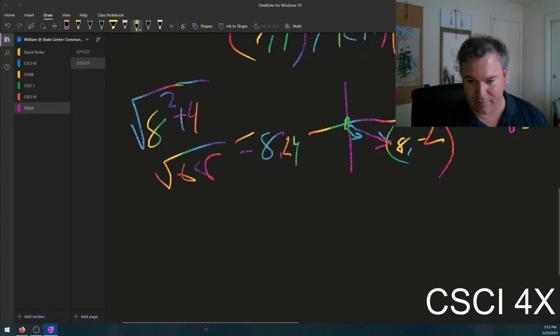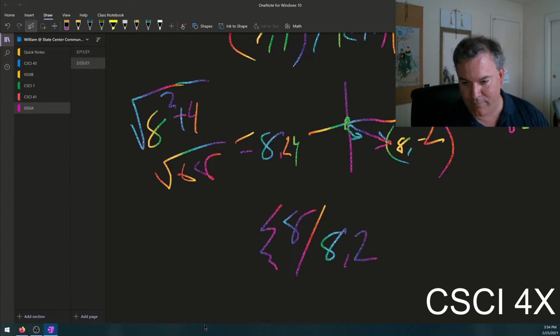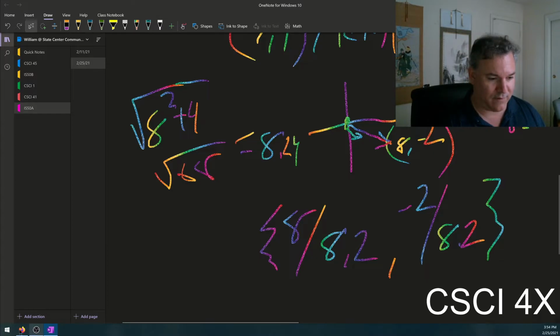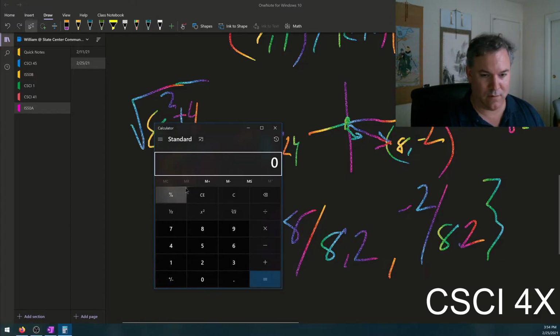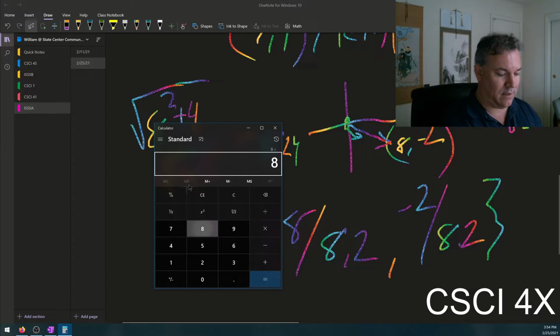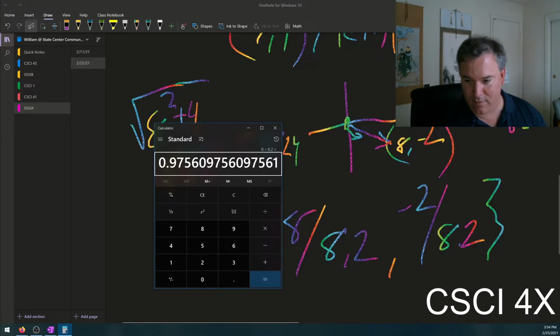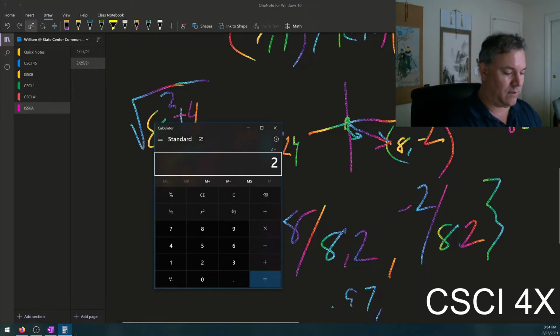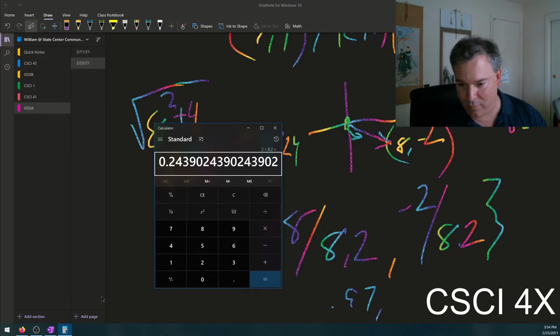Our vector is going to be 8 divided by 8.2, comma, -2 divided by 8.2. That's the answer. If we simplify this down, 8 divided by 8.2 is 0.97. So it's 0.97, comma, -2 divided by 8.2, which is -0.24.